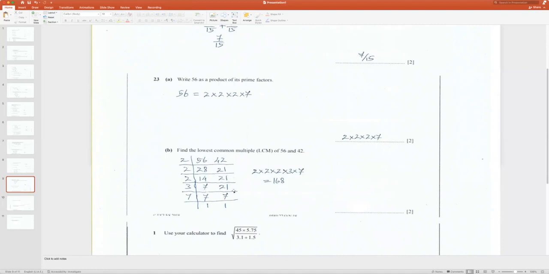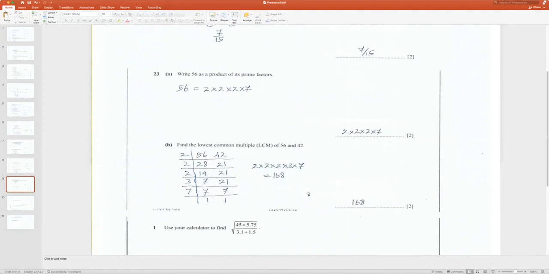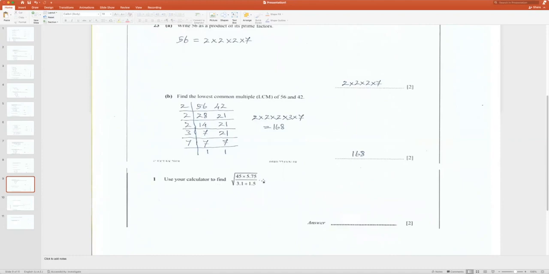Again 2, 7, 21, then 3, 7, 7, and the other prime number 7, then we are getting the answer like this. We have to multiply these numbers to get the answer. So 2 times 2 times 2 times 3 times 7 is 168.